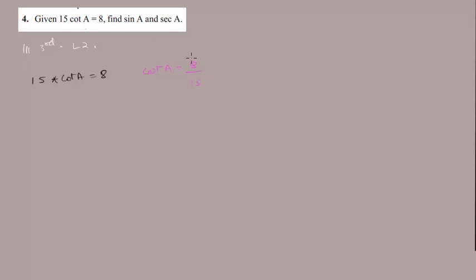So what is cot? Cot is inverse of tan. Tan is O by A, so cot will be A by O. So let me draw a diagram as usual. We have a triangle ABC, right angle at B. We have the same procedure.